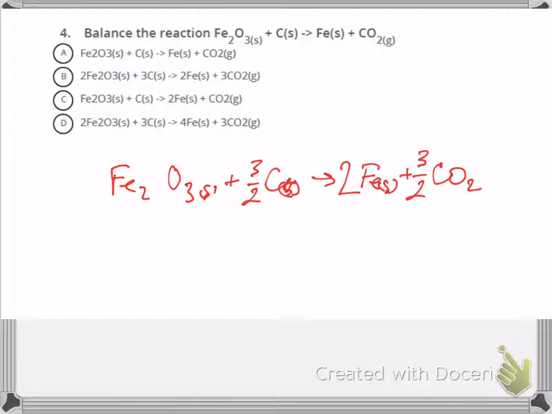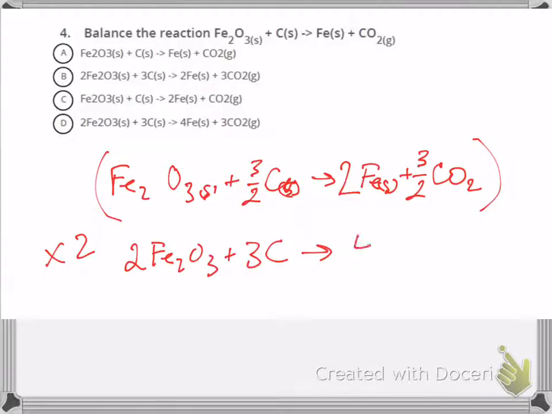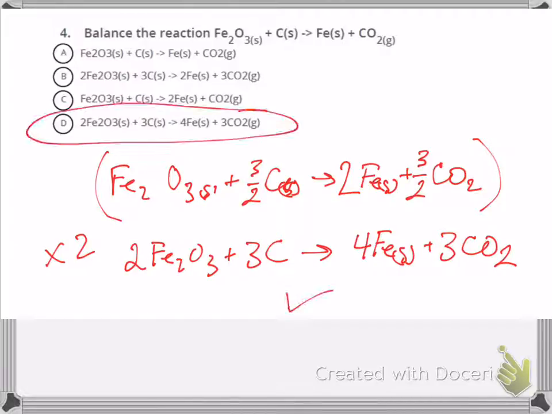This is in fact balanced, but if we wanted to have only integers, we would multiply the whole thing by 2. We get 2 Fe2O3 plus 3 C to make 4 Fe solid plus 3 CO2. That should be balanced. You have the same number of irons on both sides, oxygens and carbons, which looks like we do. We have 6 oxygens on each side. That answer would be D.